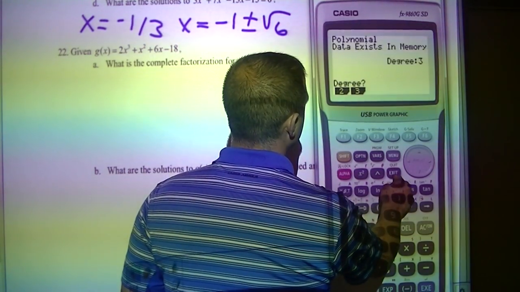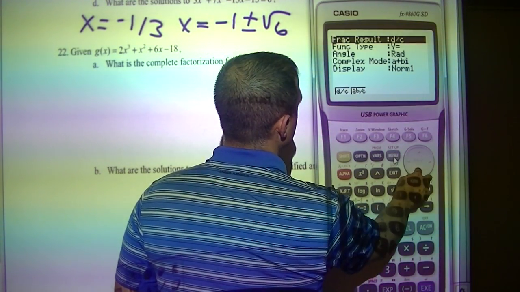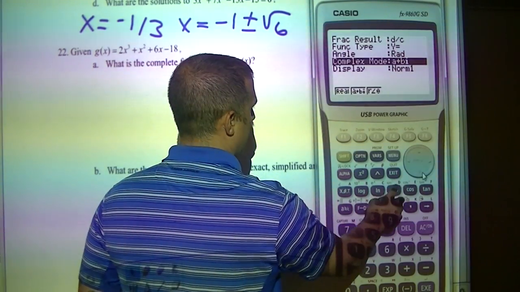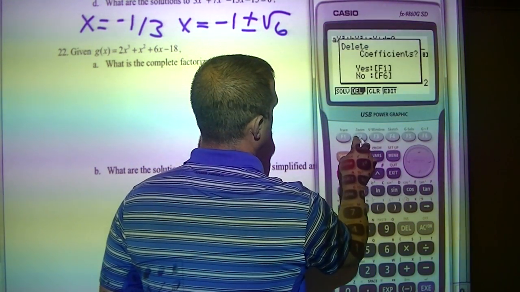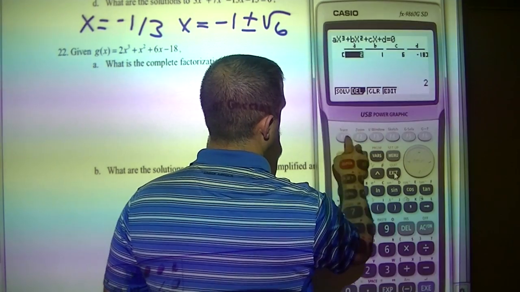Now, if your calculator is not in that mode, shift menu, make sure your calculator is set in A plus BI mode. I'm going to go back in here. No, I don't want to delete the coefficients. I want to solve.